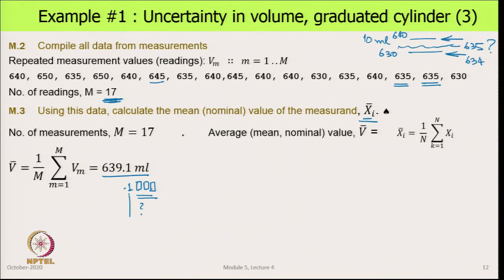In fact, one could even question why I have put 0.1 here at all. Should I not have just said 639? This we can look up from statistics to see how many decimal places we should report. The fact is that if you make a measurement many number of times, you can report the answer to one additional significant digit.